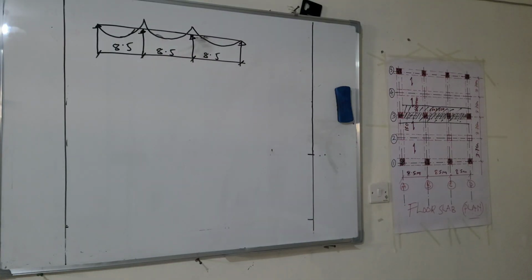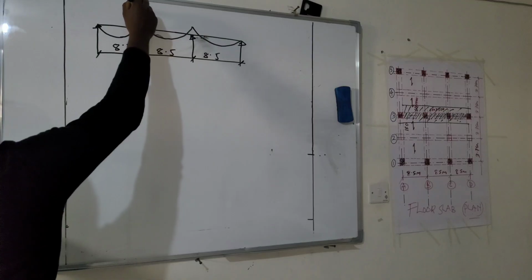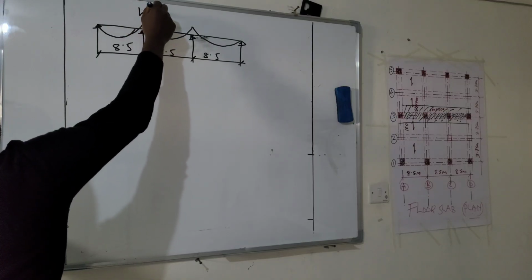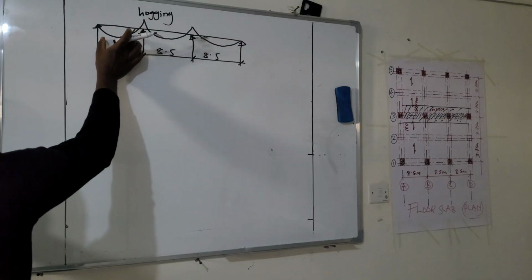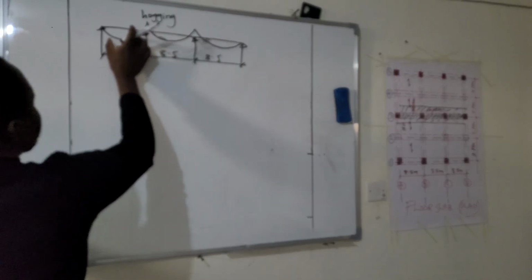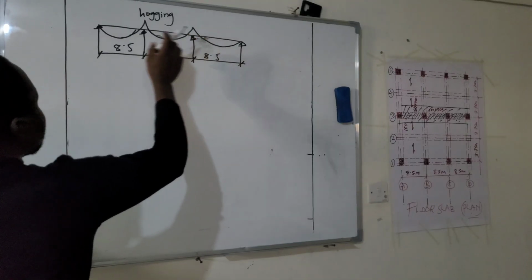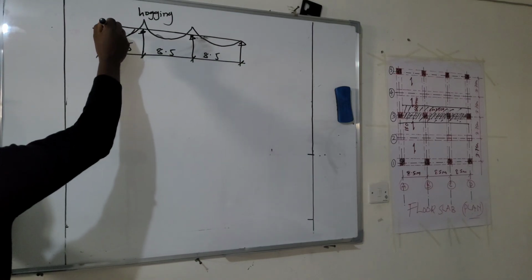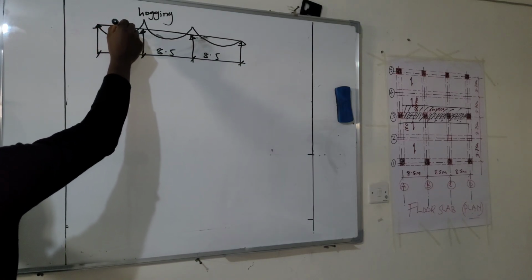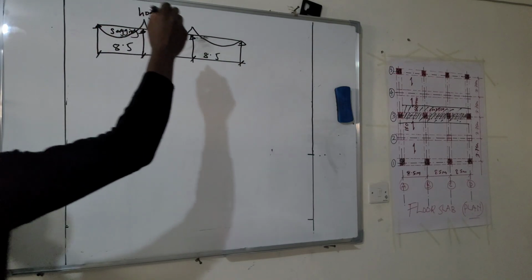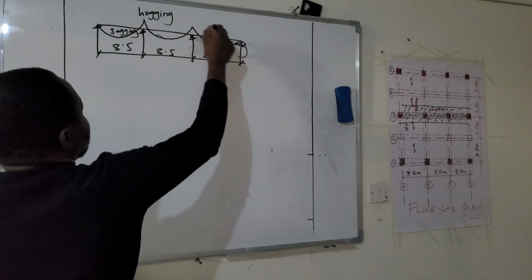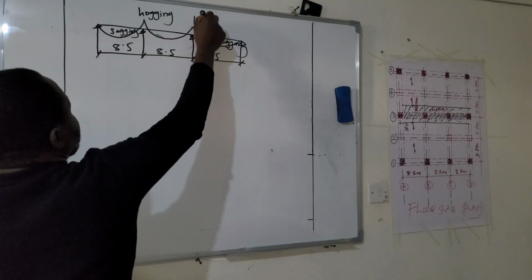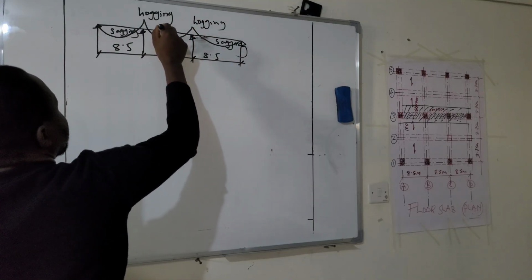So it means at the interior support, it is hogging. And this span, it is sagging. So here is sagging, and also here sagging. Here is hogging, here is sagging.